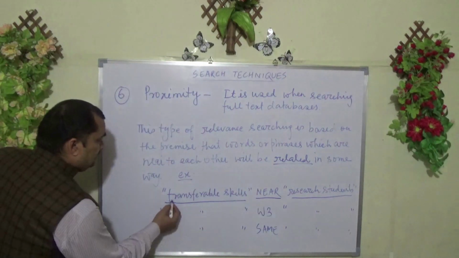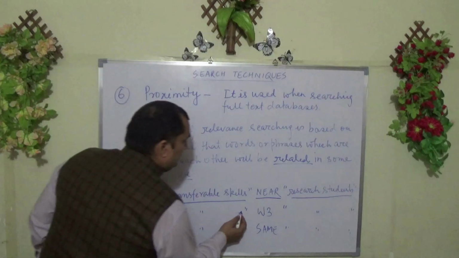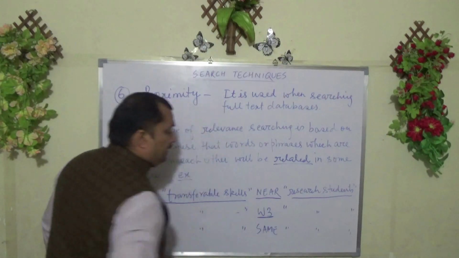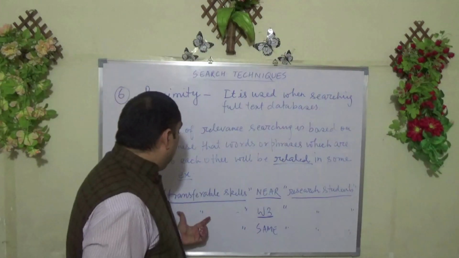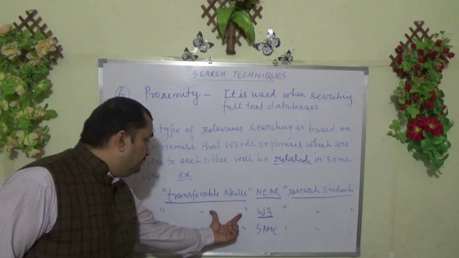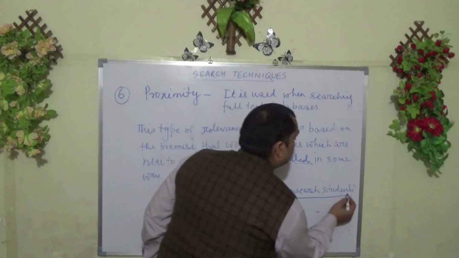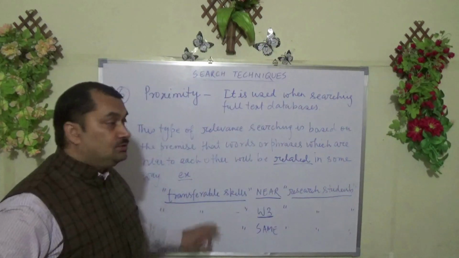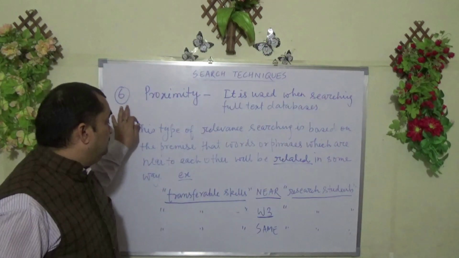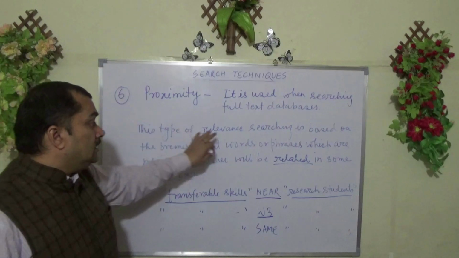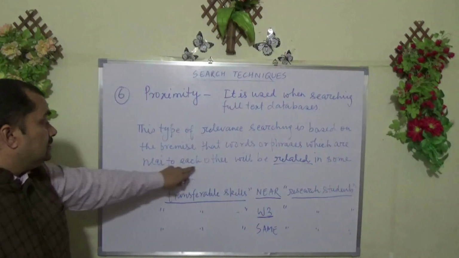Another example: transferable skills, and if I use W3, it will start searching transferable skills within 3 words of research students. So this proximity means words or phrases which are near to each other.